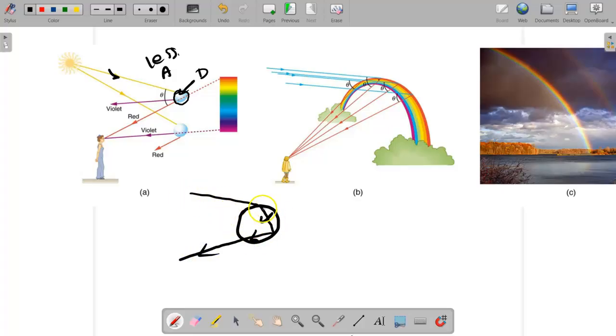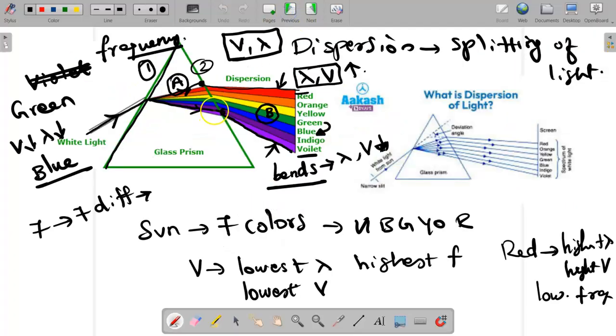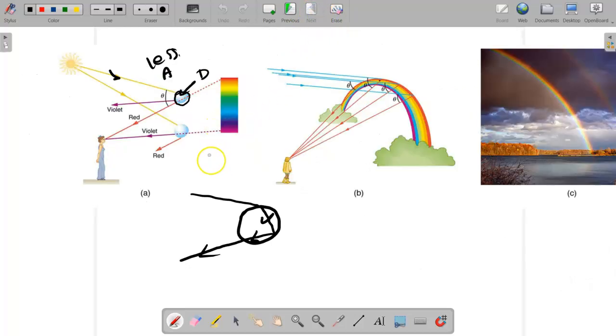And as it refracts 2 times, same as we saw before, at the first refraction the white light splits into 7 colors, and at the second refraction it splits more, bigger, wider. Same thing happens here, and we see the 7 colors of the rainbow.